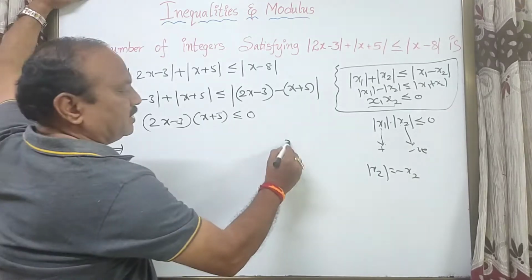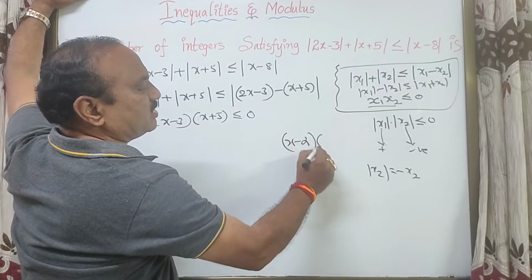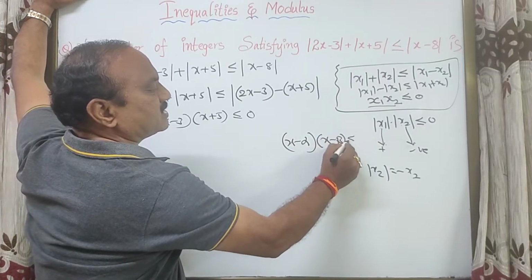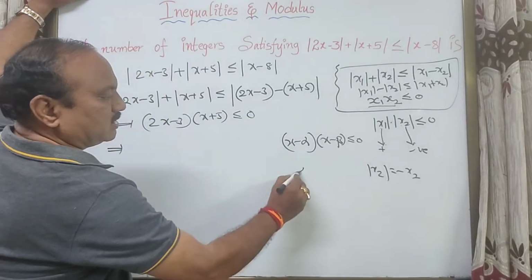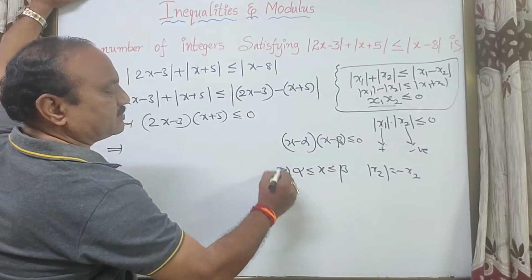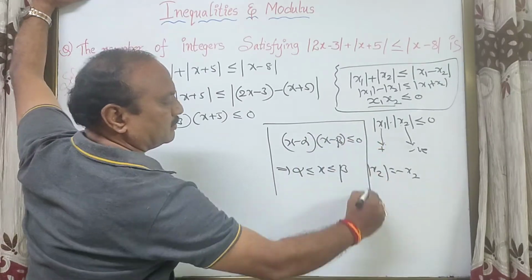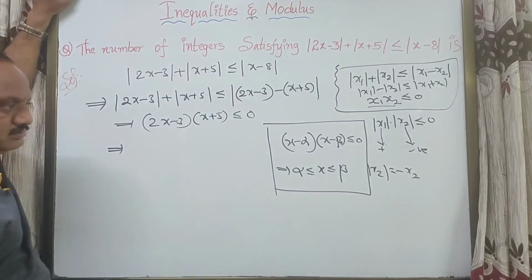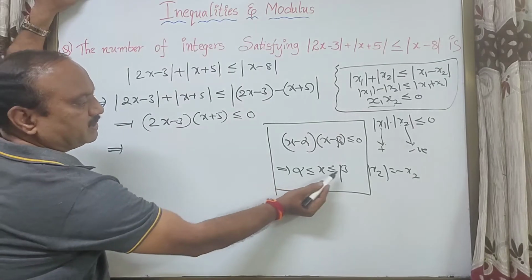Students, if you have (x - alpha)(x - beta) ≤ 0, then alpha ≤ x ≤ beta. It is another shortcut point. Alpha is small, beta is big.